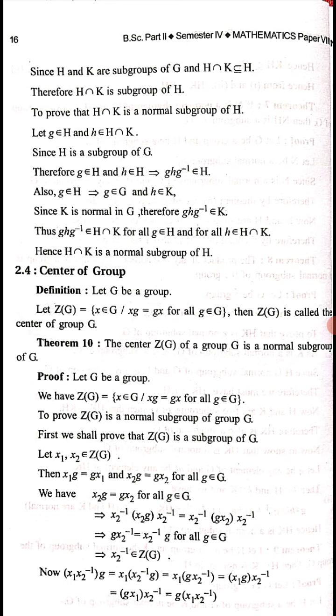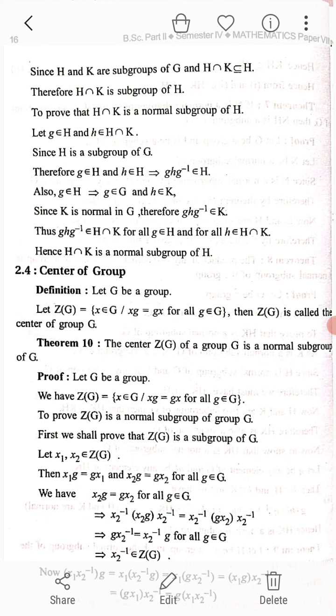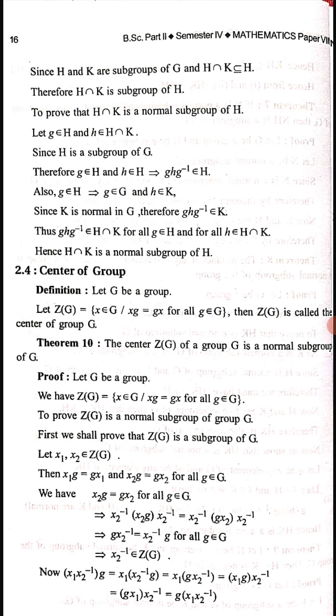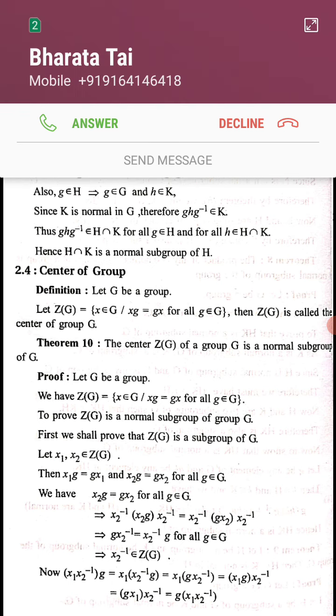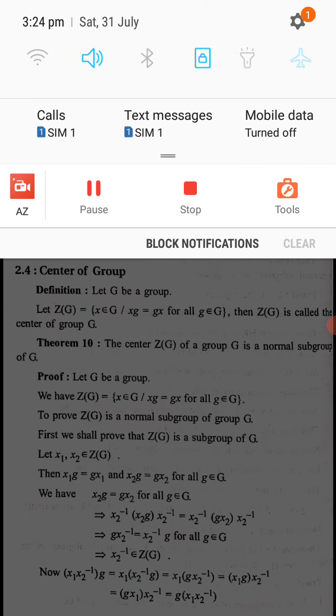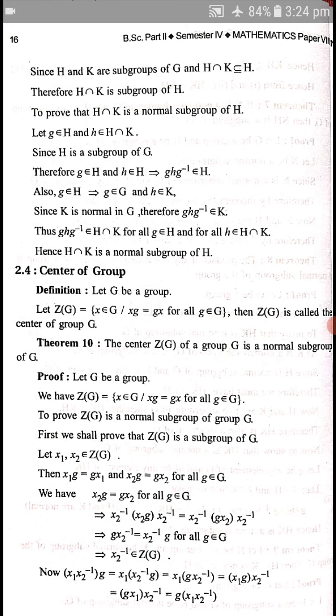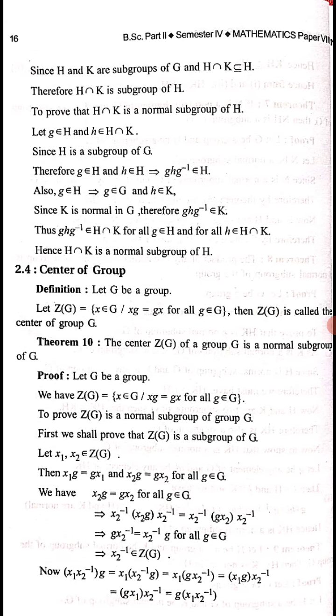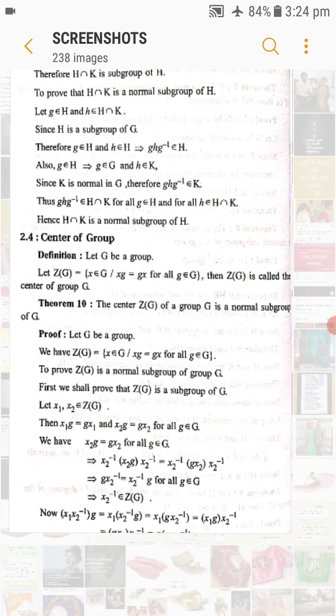Okay, now see here next point, center of group. So definition of center of group. Let G be a group and let Z of G is equal to the set of x belongs to G such that xg is equal to gx for all g belongs to G, then Z of G is called the center of group G. Okay, now see here one theorem.